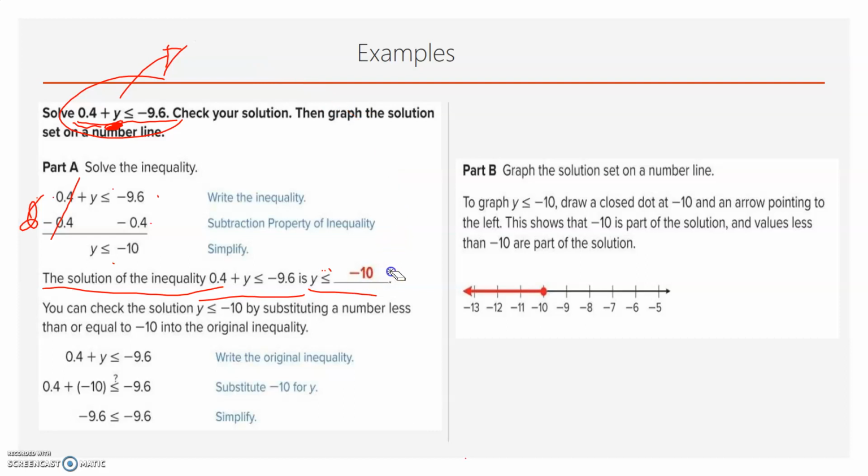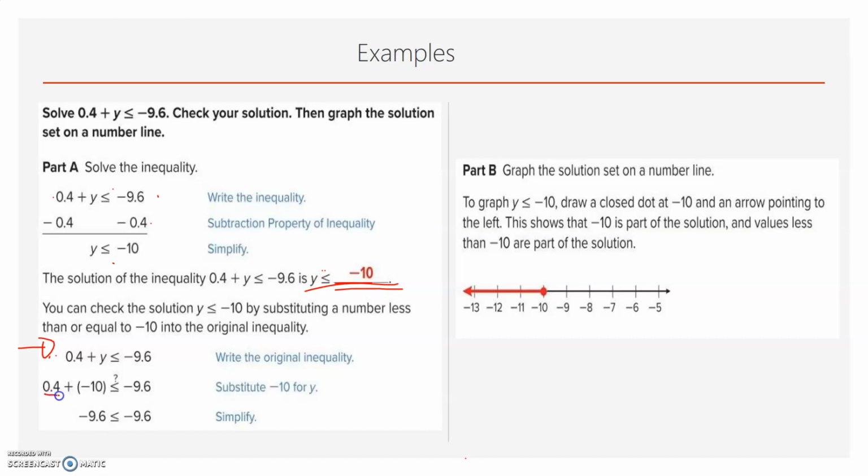Let me just clear this, and we can check our work. Let's say we write negative 10 itself in here. Pay attention here. 0.4 plus y is less than or equal to negative 9.6. If we put instead of y the negative 10 itself, is it going to be less than or equal to negative 9.6?